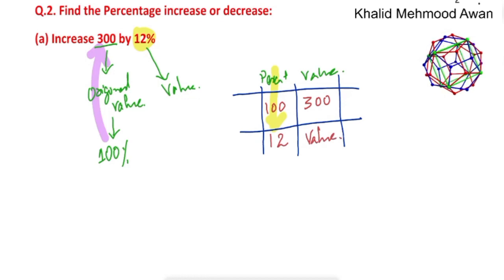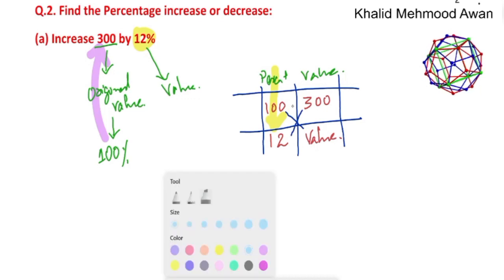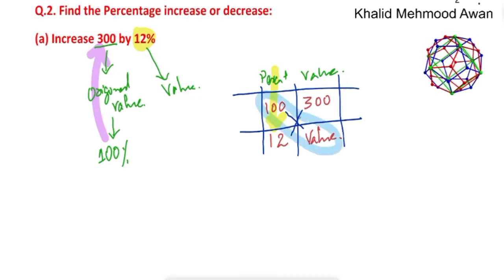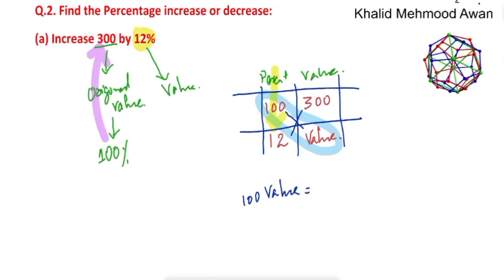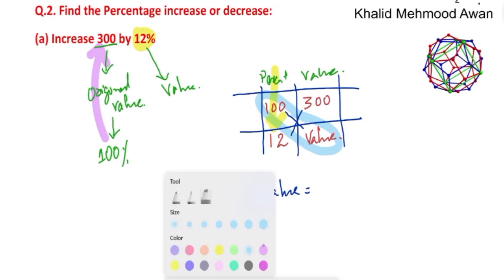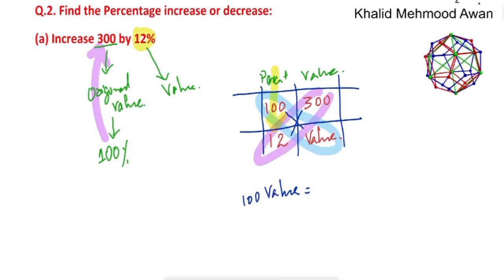Now we do cross multiplication. So during cross multiplication, first of all, we'll be multiplying the value times 100. So we'll say that 100 times value is equal to, on the other side, 300 multiplied by 12.